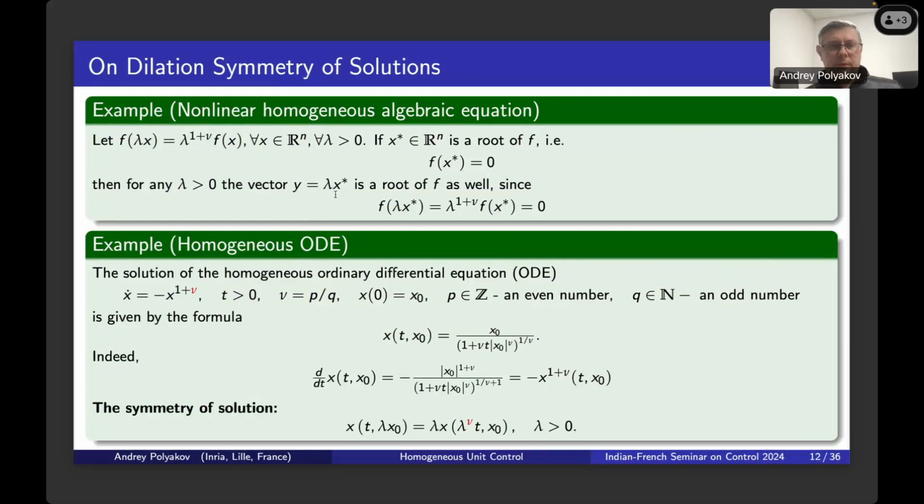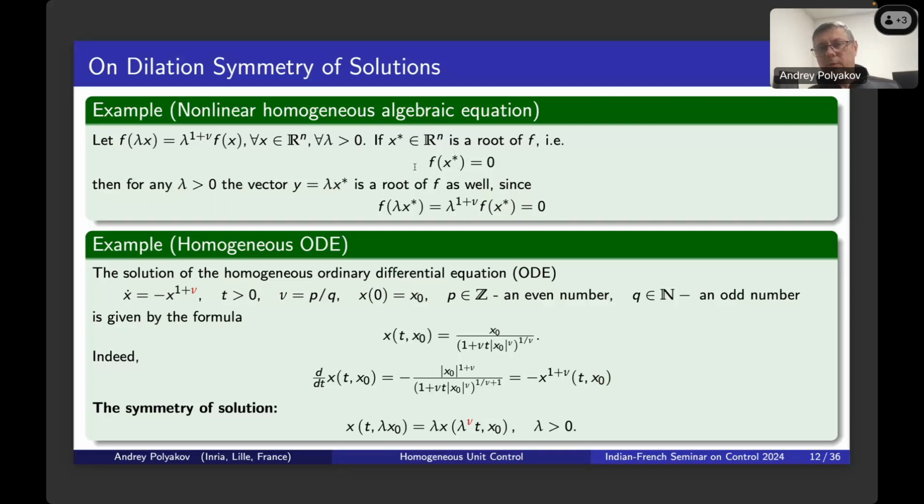What do we have in the case of symmetry, or dilation symmetry, or homogeneity of the function f? If f is homogeneous of degree 1 plus nu, for example, we have symmetry of the roots of the equation f(x) = 0. So if we have one root, then multiplying this root by lambda, we will have another root.